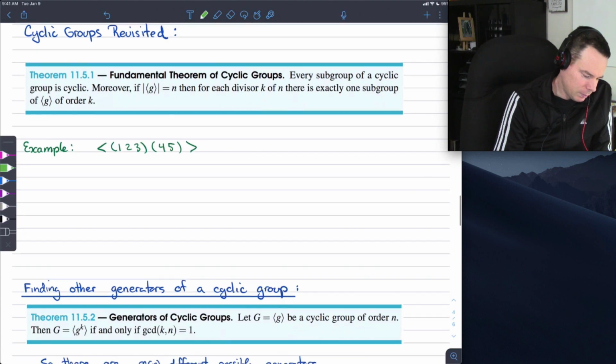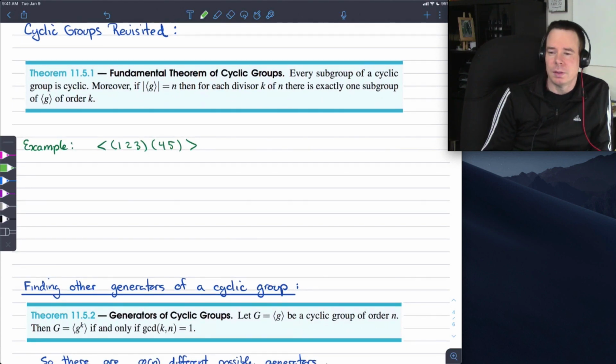So for example, in a general cyclic group, as is written here, the fundamental theorem of cyclic groups. Remember, a cyclic group is a group for which every element can be written as a power of a single element called the generator.